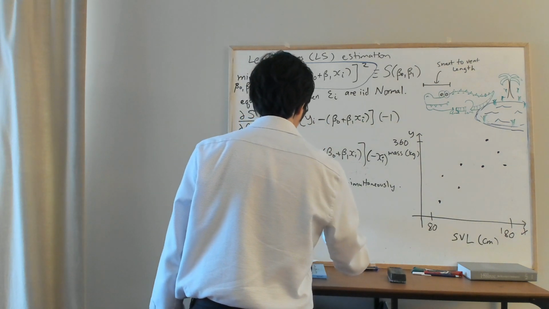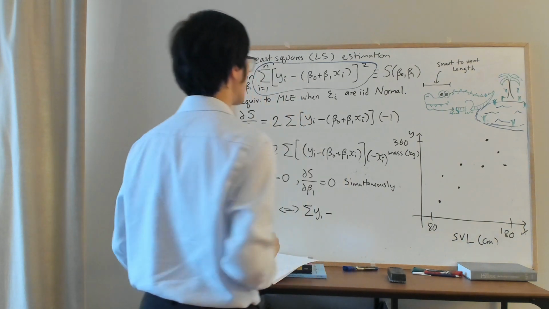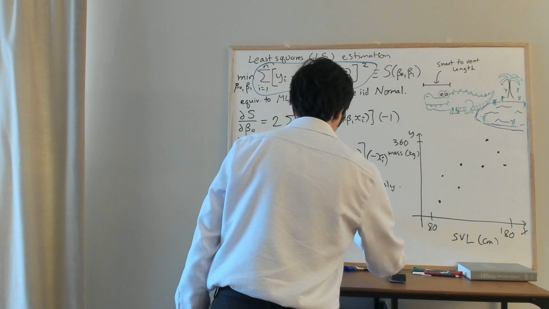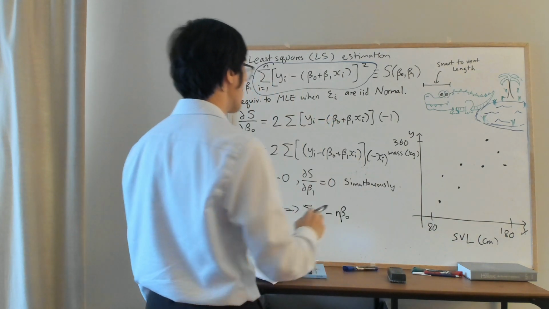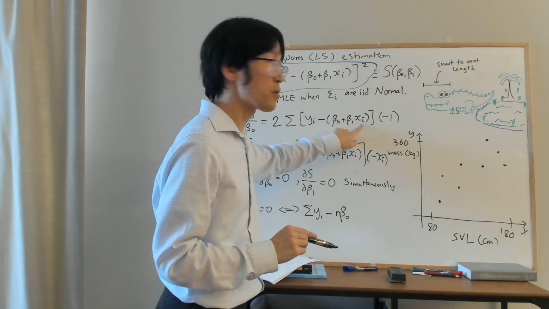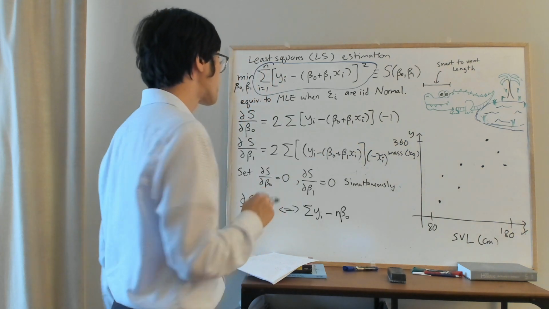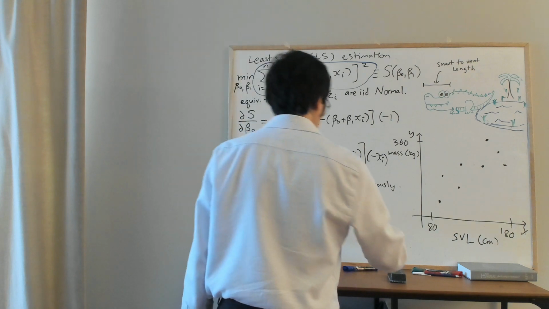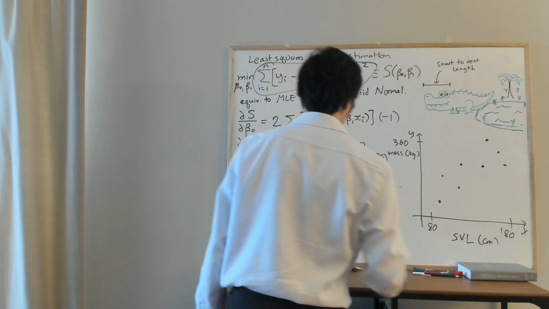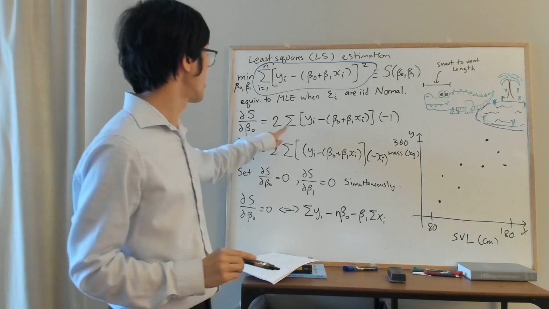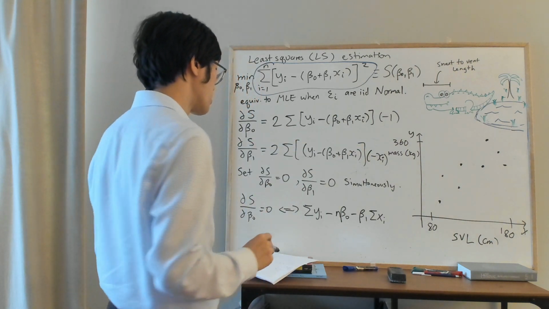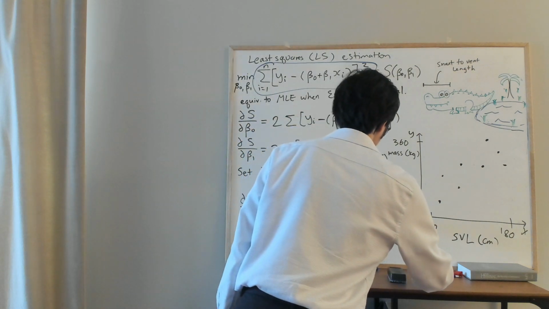So we have summation yi minus, and that's summing beta 0 n times, so we have n beta 0, and then we're summing beta 1 times xi. And so we can pull out the beta 1 summation xi. So I've carried the summation through the entire expression, and then I can set that to 0.